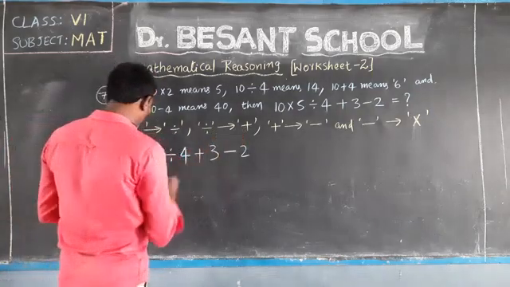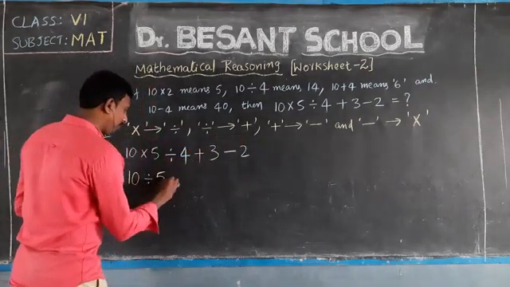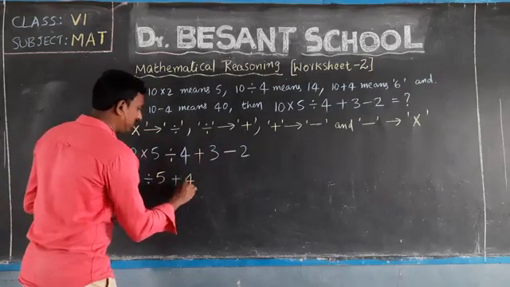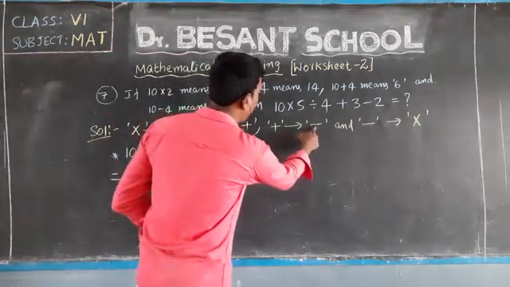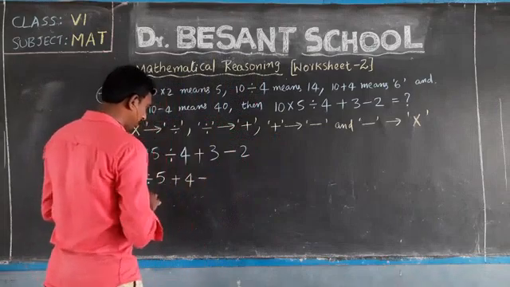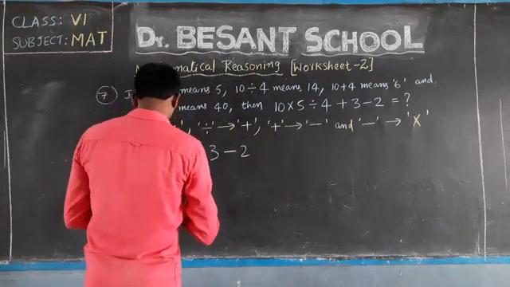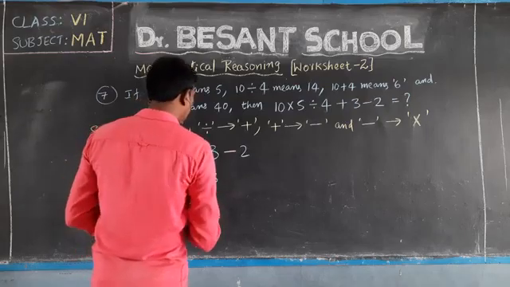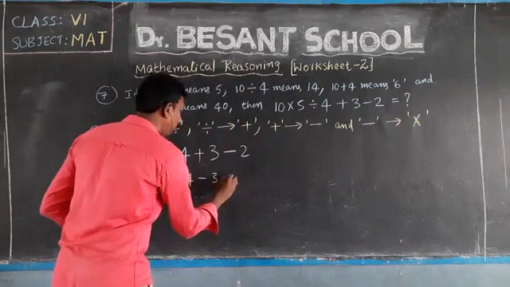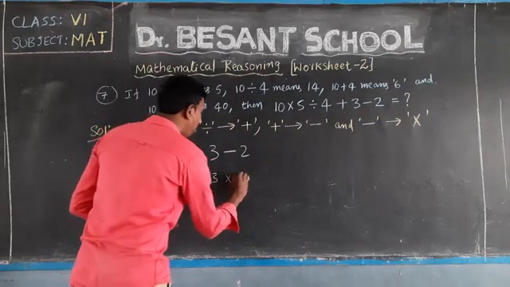Divided by means what do you have to do? Plus. So write it plus. 4 you can write as it is. Plus is there, plus means what do you have to do? You have to make it as minus. Yes. Now 3. Again, what is there? Minus. If minus is there, you have to treat it as into. So write it into 2.